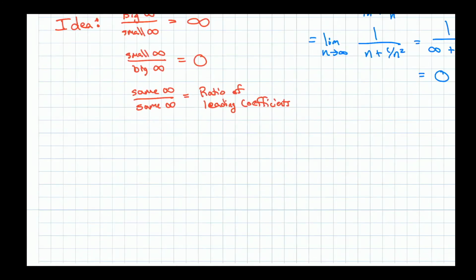All right, so that last case happens for stuff like this. Like the limit as n goes to infinity of 5n to the 4th plus 3 over 7n to the 4th plus n cubed.